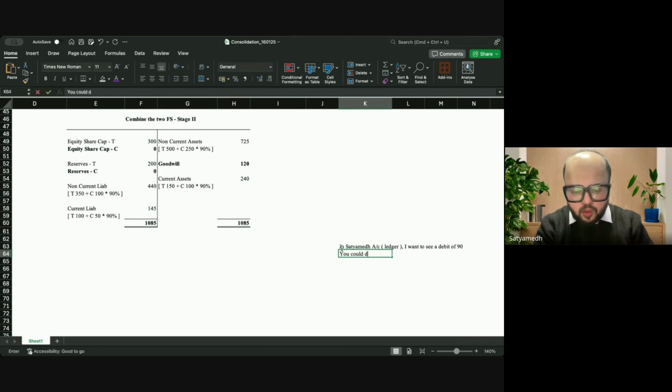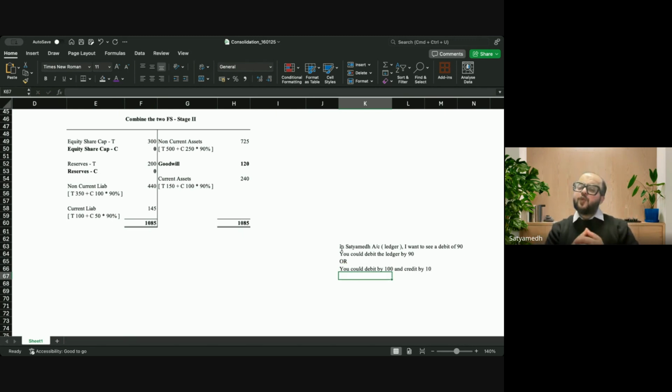So, debit the ledger by 90 and your job is done. Or you could debit by 100 and credit by 10. It will still produce the same result. Debit by 100, credit by 10, it will still produce the same result.